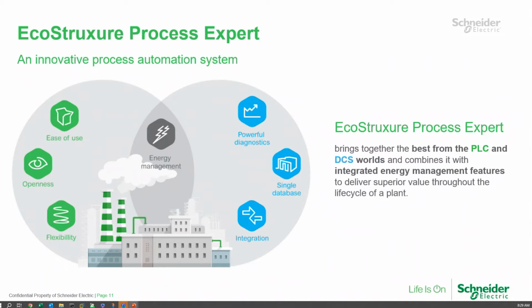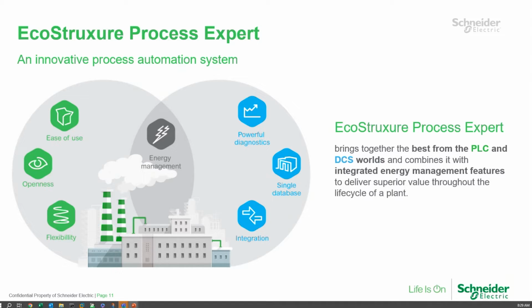So what is it really? It's a process automation system. It brings together the best from the PLC world and from the DCS world. And also, because we're Schneider Electric, it gives us energy management tools to boot. From the PLC world, we're used to open architectures, flexible and scalable systems, very easy to use for the maintenance people, for the programmers, and for the operators.